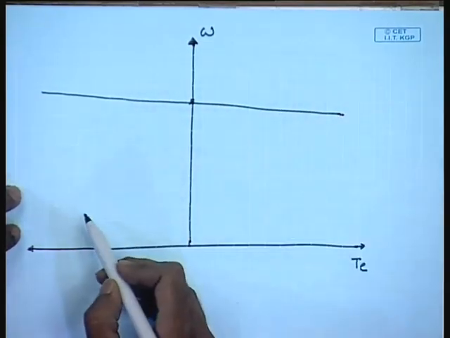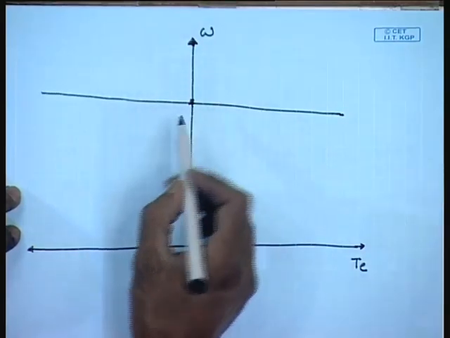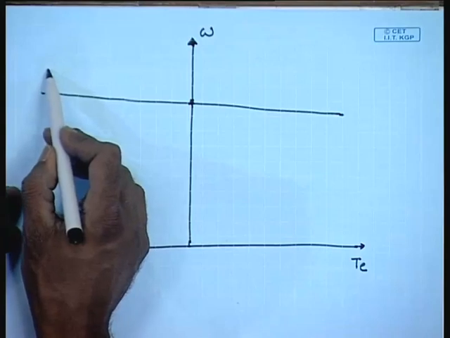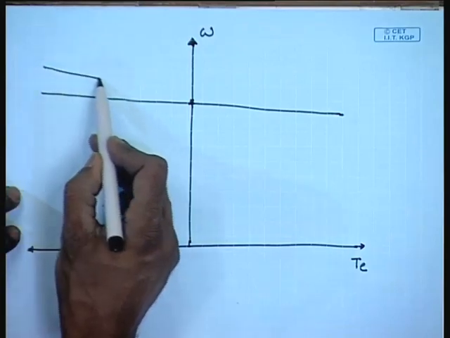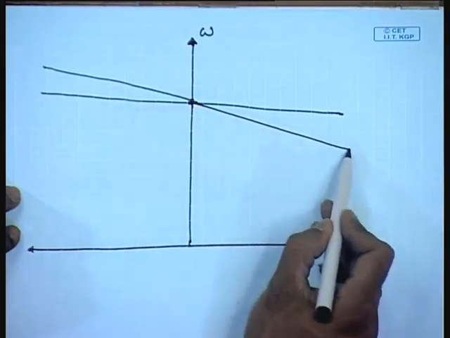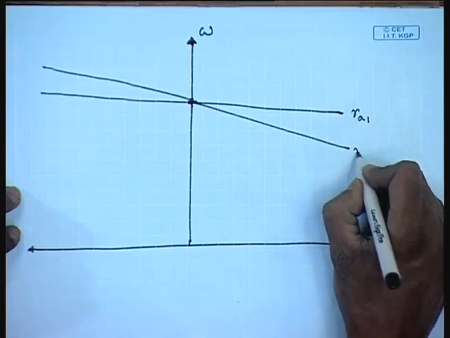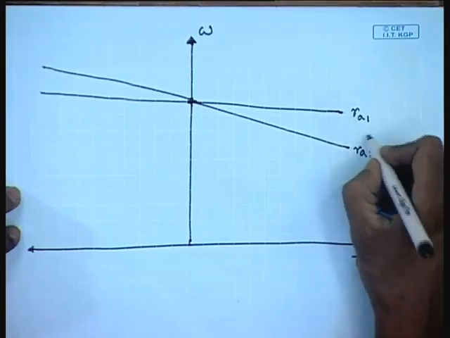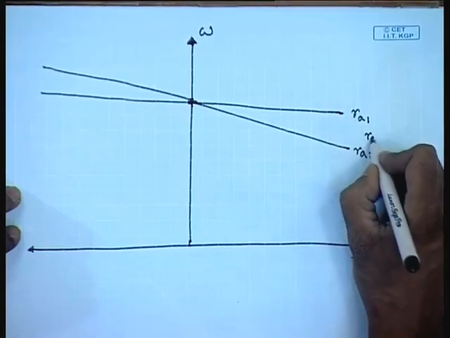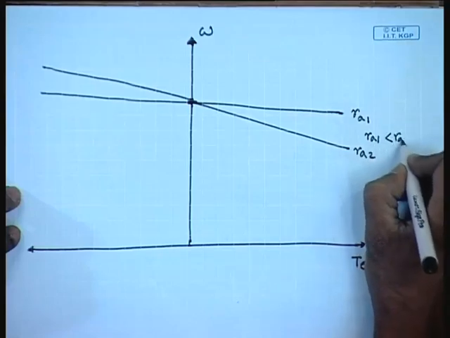Simplest thing, keeping everything else same, if additional resistance is included in the armature winding, this is RA1, this is RA2, RA1 is less than RA2.